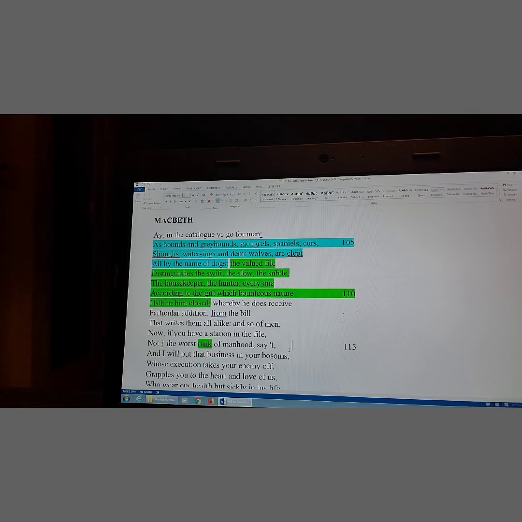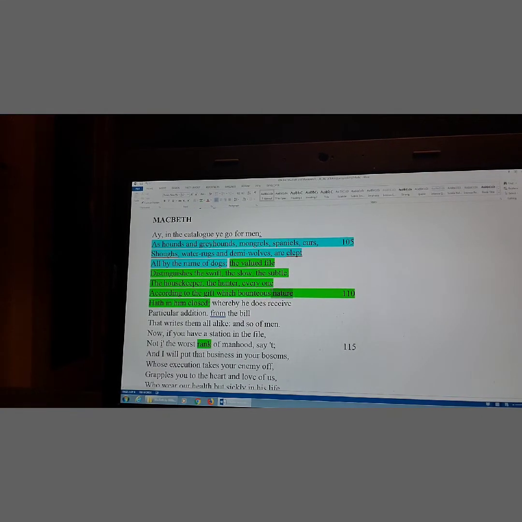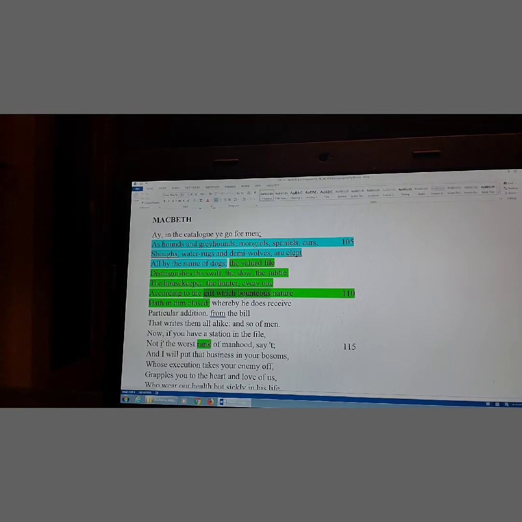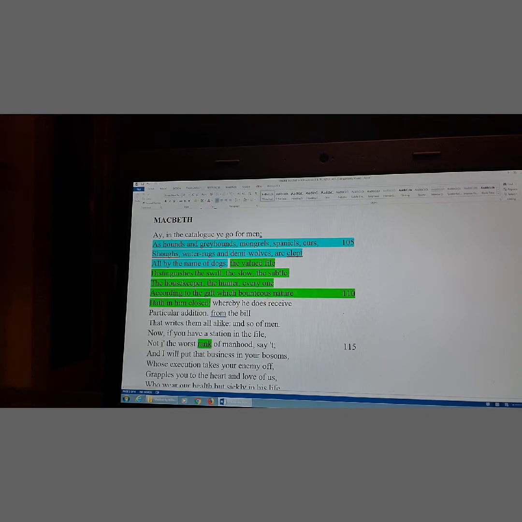Now, he's talking about the fact that when he says the valued file distinguishes the swift, the slow, the subtle, the housekeeper, the hunter, everyone according to the gift which bounteous nature, right? Put a bold around that. The gift with bounteous nature.